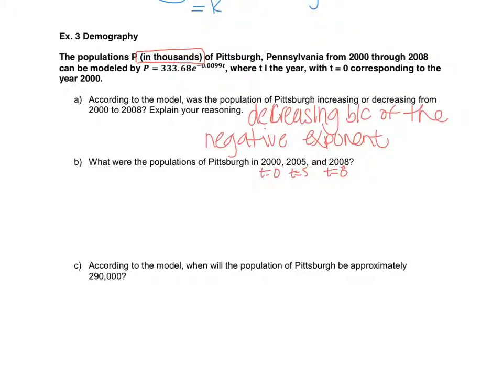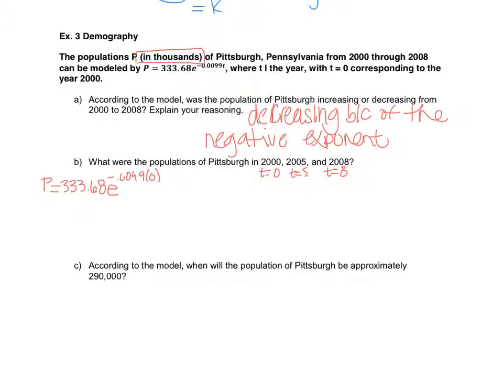So all I'm doing is plugging in for t, and solving for the population. So 333.68 e to the negative 0.0099 times 0. So there's the year 2000.